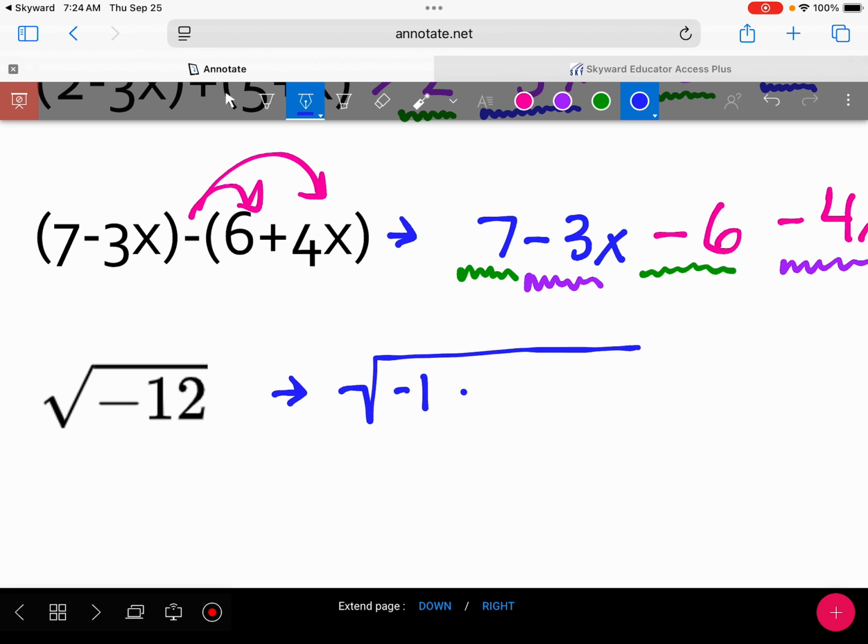So we usually break out that negative 1 by itself. And then what perfect square is a factor of 12? We are supposed to try them before I start talking. The point is for you to do them, not for me to do them.